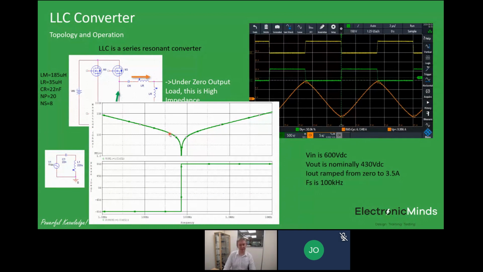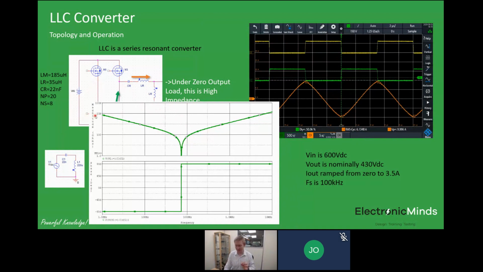If we operate above that frequency, the opposite is true. We have behavior dominated now by the complex impedance of the inductors. And from the perspective of the switching circuit looking in, it looks like an inductor.